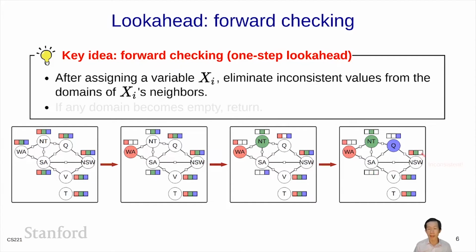Now look what happens. SA has an empty domain, which means that there are no possible values that I can set SA to make the assignment consistent. So in this case, if any domain becomes empty, I simply return here.